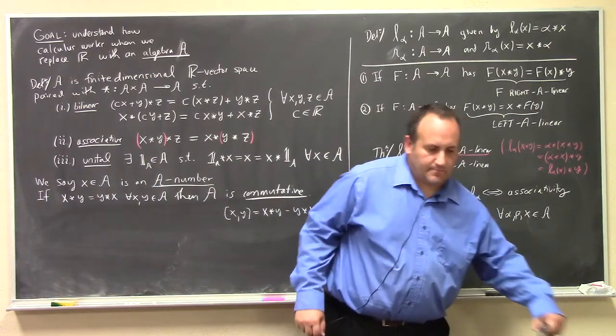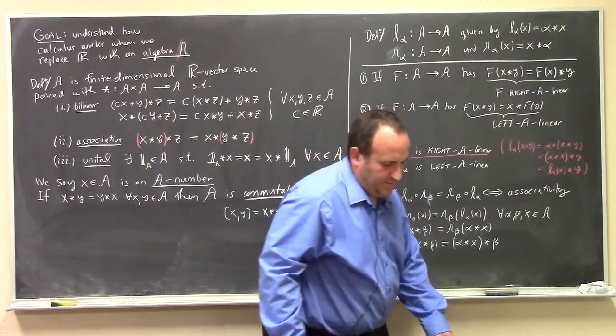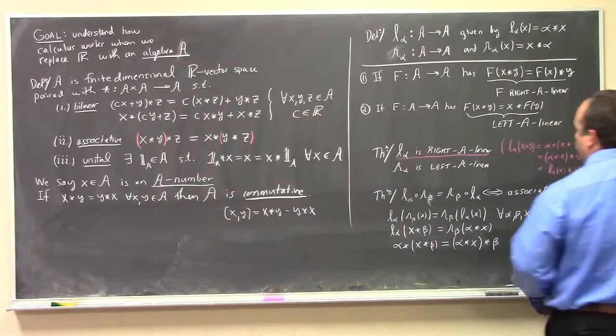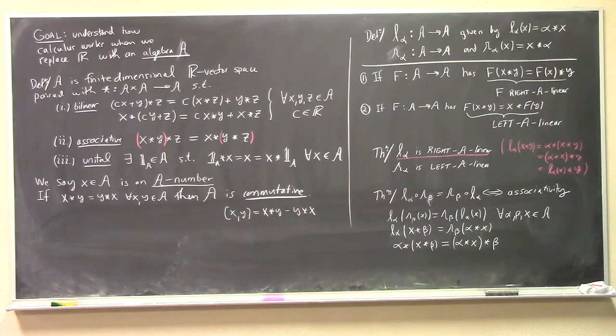Okay, so anyway, these are very special kinds of maps. Not every mapping of an algebra is right or left a-linear.